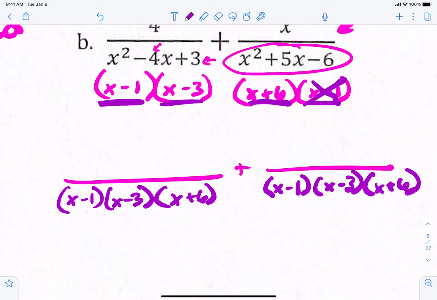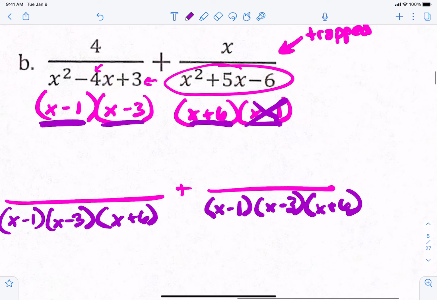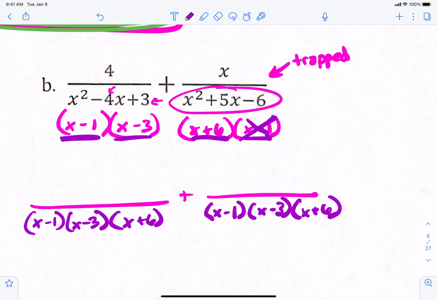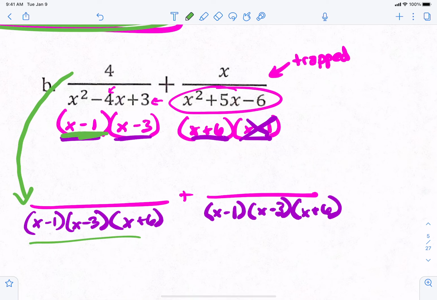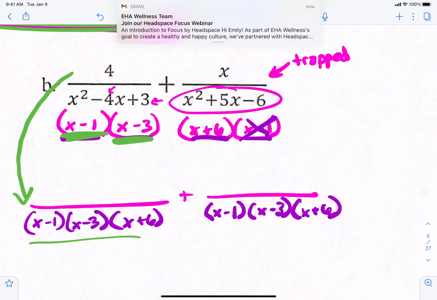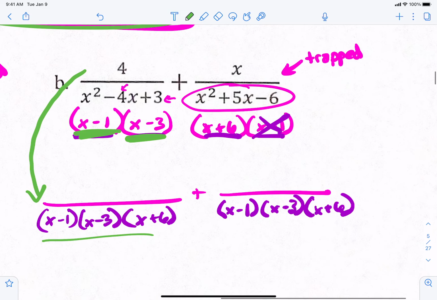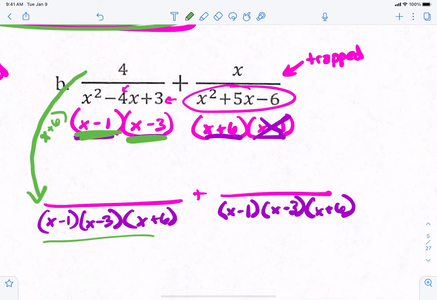Okay? That's what he's going to look like. We're going to change those, and then let's go ahead and label what we need to take this guy by, or times, to get this bottom. He has an X minus 1 and he has an X minus 3. What does he need? He needs an X plus 6. So I'm going to write X plus 6 over here. Okay? This guy, what does he need in his bottom?